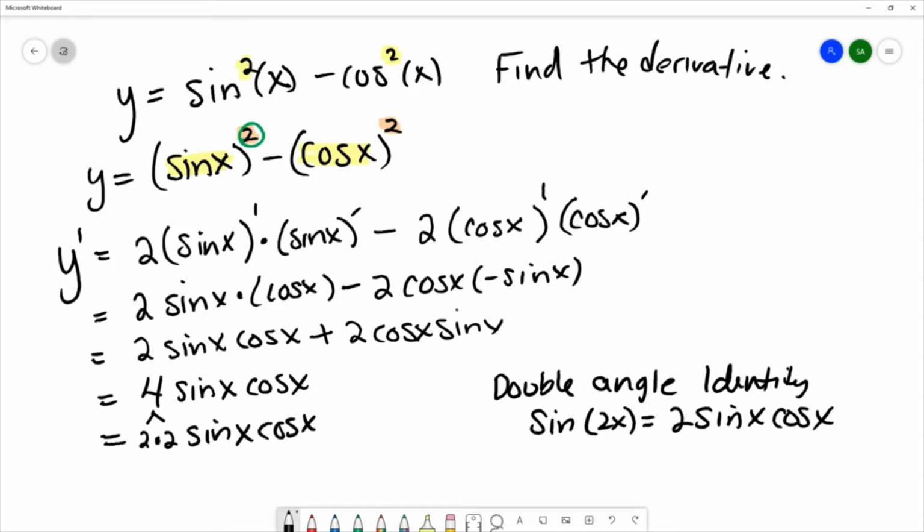And I can take this 2 sine x cosine x and make it sine of 2x and bring that 2 down. So I found the derivative of sine squared x minus cosine squared x to be 2 sine of 2x.